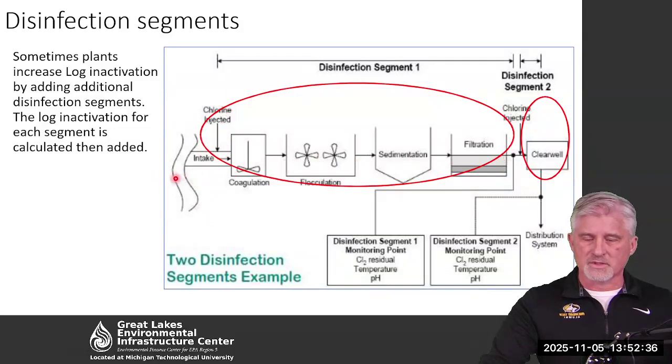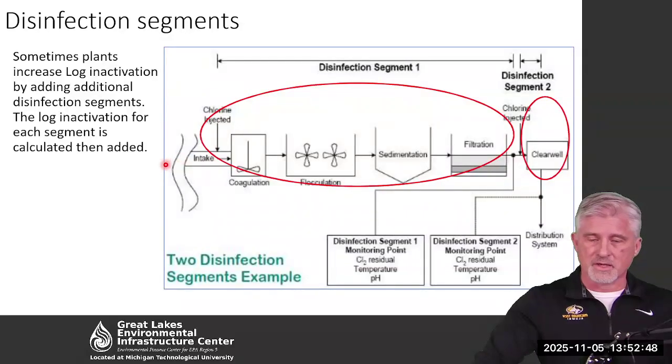I actually know systems that, due to things like zebra mussels, chlorinate the water at the intake. They've actually got chlorine lines that go out into their intake so that they can put chlorine there. And that intake line might be a mile long. So you can imagine there's quite a bit of contact time going on in those situations.